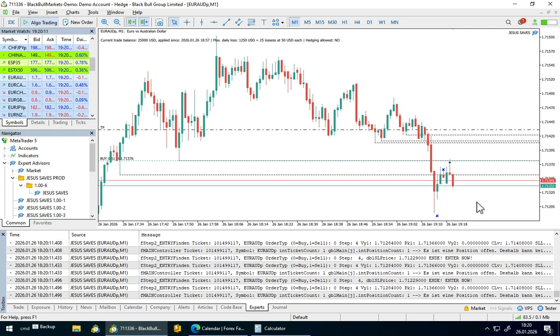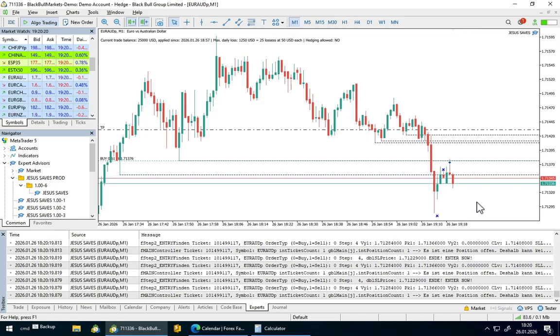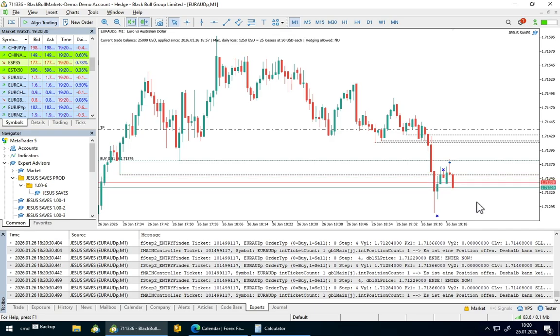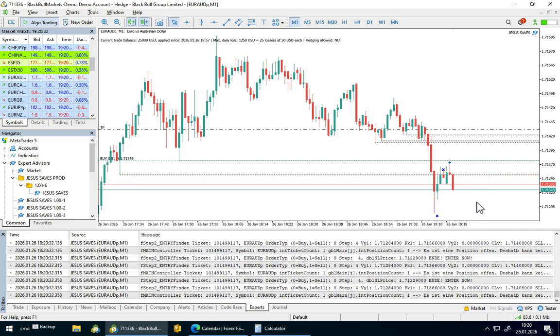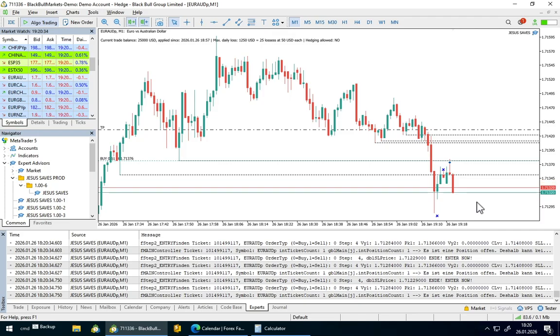Not in every case. Here we can see that the price is dropping. This can happen. It's a numbers thing. You never know exactly when the market is moving and in which rhythm. So, but this is how it's working.